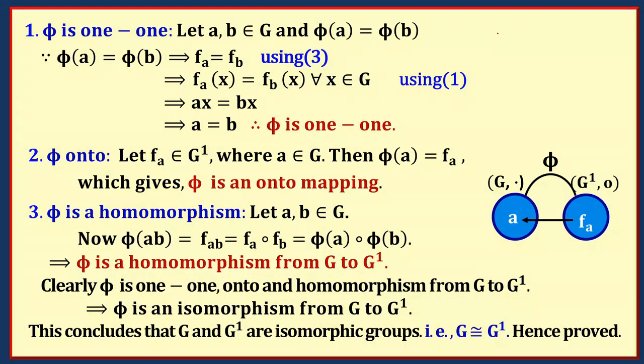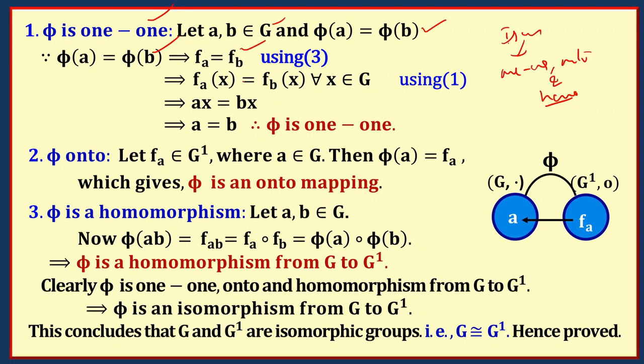Now we prove that pi is an isomorphism. Isomorphism definition: isomorphism means one-one, onto, and homomorphism. First, pi is a one-one mapping. Let a, b belong to G, two elements in G, and pi of a is equal to pi of b. Since pi of a is equal to pi of b, by definition using 3, f_a is equal to f_b.